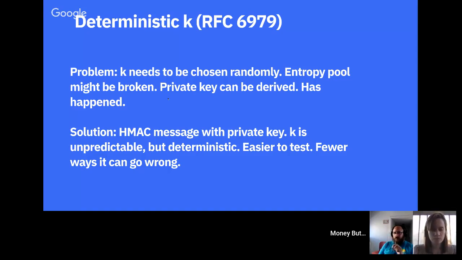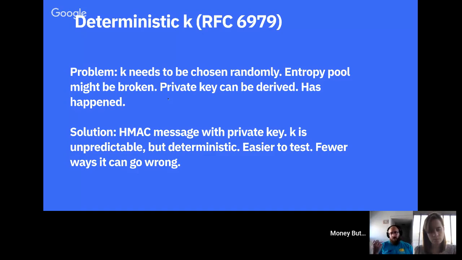If it's giving you a terrible random number and someone can predict the value of K, they can rederive your private key. So it's a problem. It would be nice if you didn't have to worry about this. And there's a way to do this, because K doesn't need to be literally random. Rather, it simply needs to be unpredictable by an attacker. So the solution here is you generate K by HMACing your private key with the message.